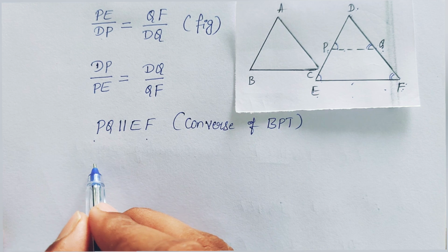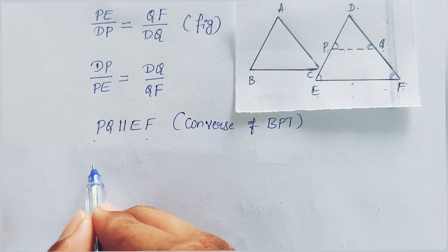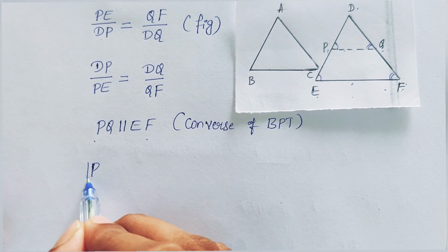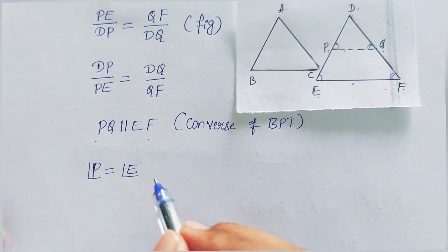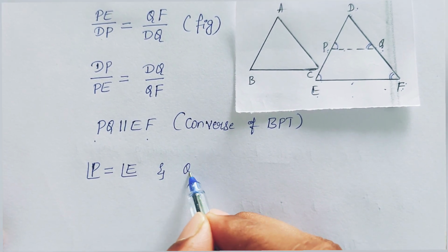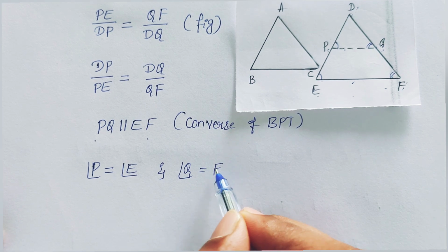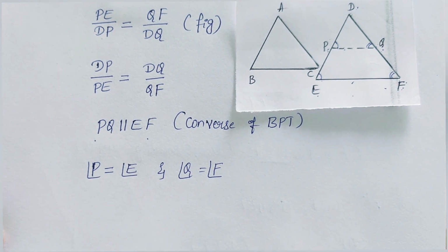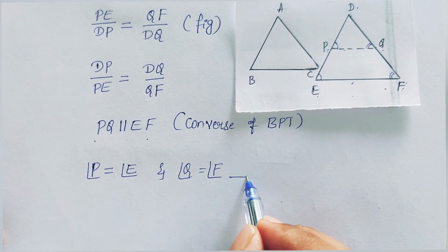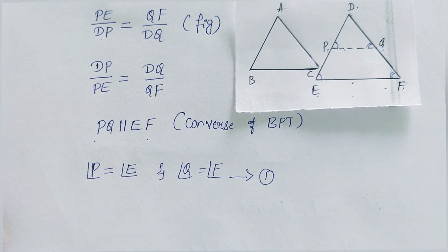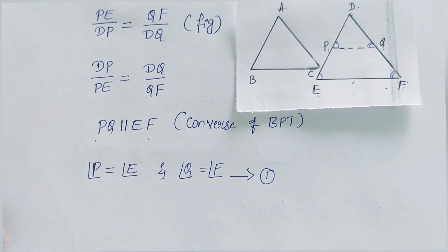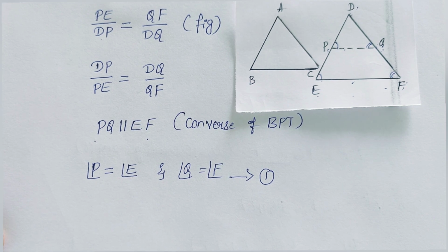So by using that principle, I can write angle P is equal to angle E, and angle Q is equal to angle F. We can take this as equation number 1. This we can use in the next step.